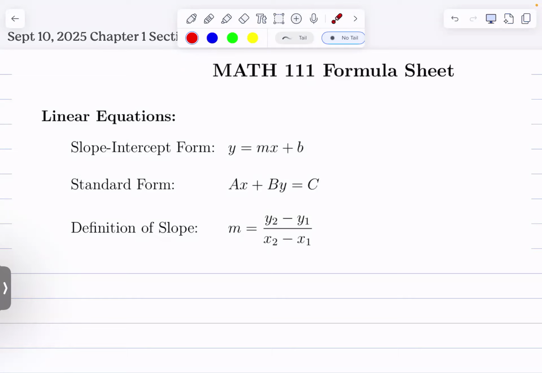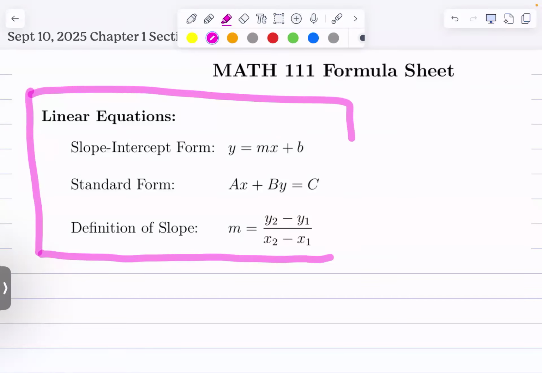So we're going to talk more about that today, and we will also talk about the standard form of a line. But we did spend a lot of time on the slope. So I'll highlight this because this is what you'll have, which means anything else you need to memorize. But like I said, this is what we spent most of the day on last day.